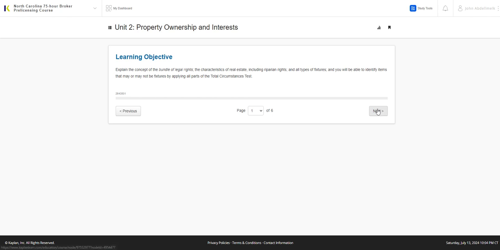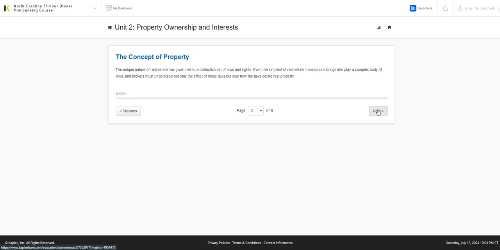That's the first one we saw earlier, explaining a bundle of legal rights, and then the concept of property. The unique nature of property or real estate has given it a distinctive set of laws and rights. Even the simplest real estate transaction brings in a complex body of laws, and brokers need to understand not only the effect of those laws, but also how those laws define property.